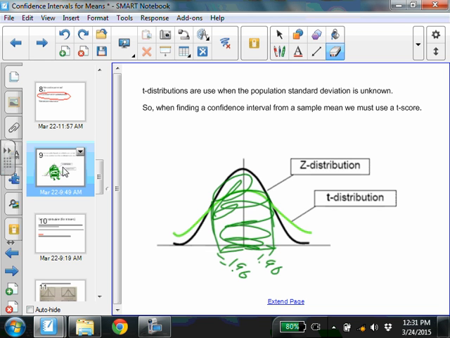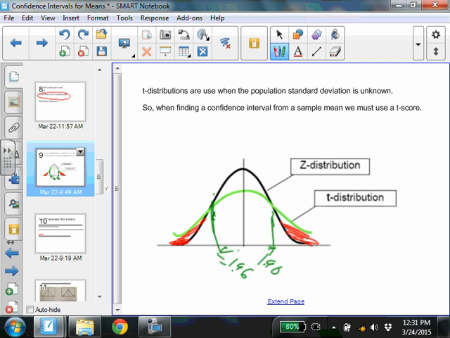But with a t-distribution, if we move that same distance out, do you think we're still going to contain 95% of the data? No, because if you notice, the t has a lot more space out here, right? Whereas the normal distribution starts to get really small as you move out a little bit.